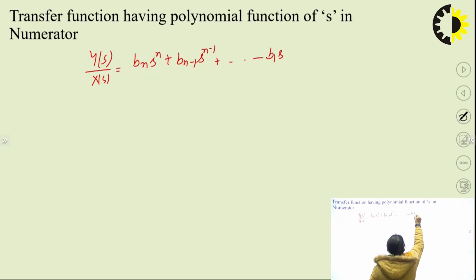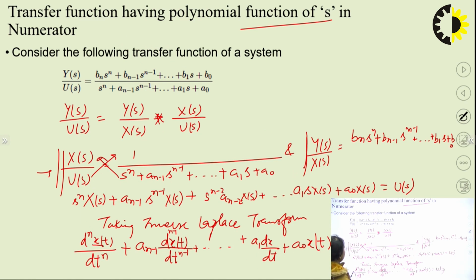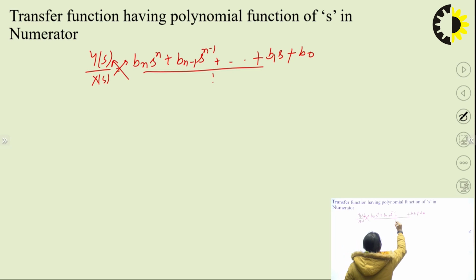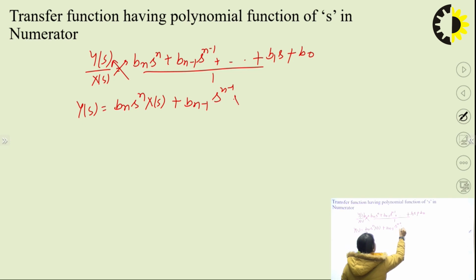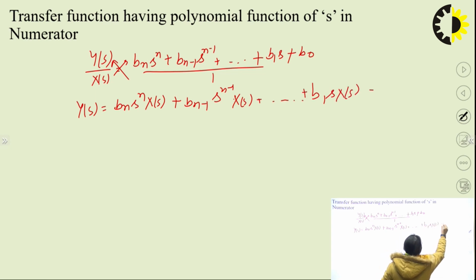Let me check once. Okay, b1 into s plus b naught, right? Okay, now again doing the cross multiplication. So upon there is 1 underneath, so Ys will be equal to b_n s^n into Xs plus b_(n-k1), which is a constant, s^(n-k1) into Xs up to so on, and I am getting this b1 into s into Xs plus b naught into Xs, right?